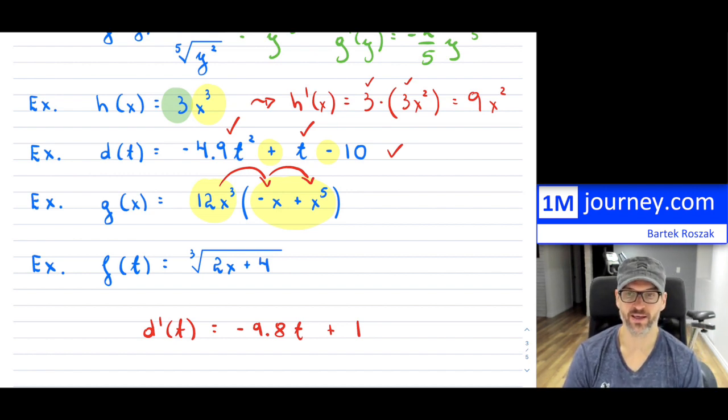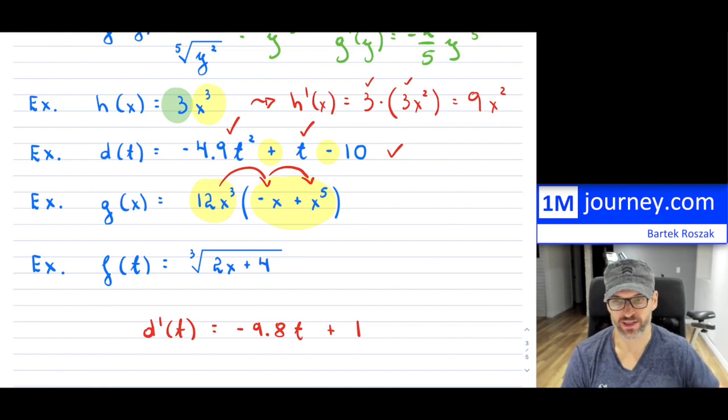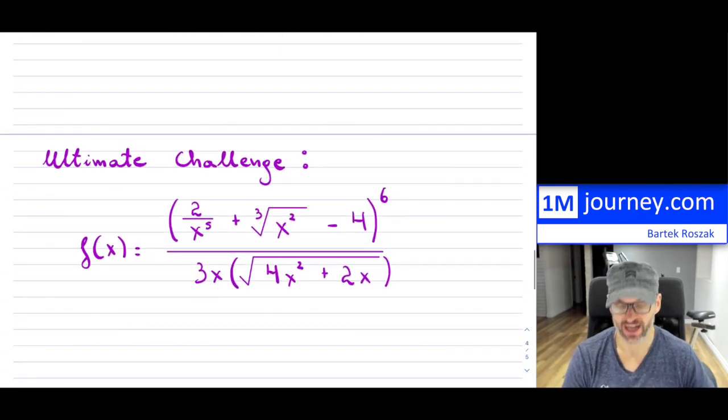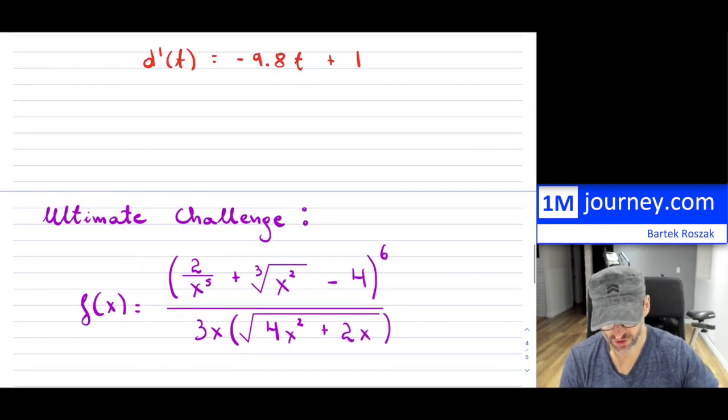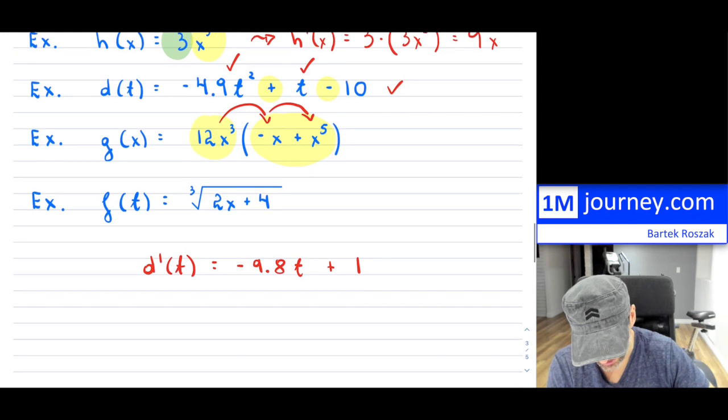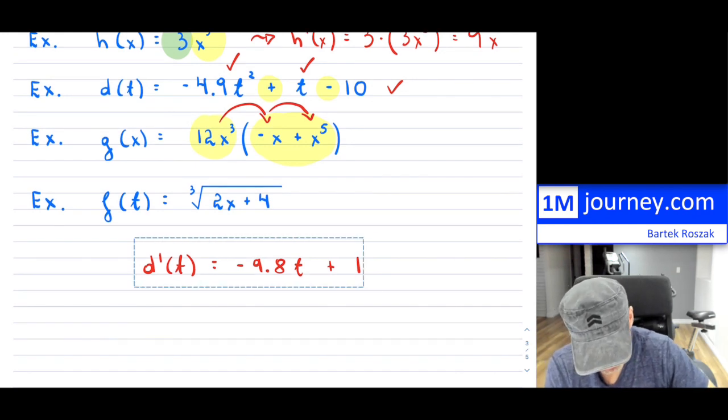Fine, okay? However, this is not always feasible, and it's not always easy and nice to do. You'll see that when we get to this challenge one, in terms of multiplying through, what if you have radicals? What if you have something else? So it is still worth your time to be able to understand the product rule.